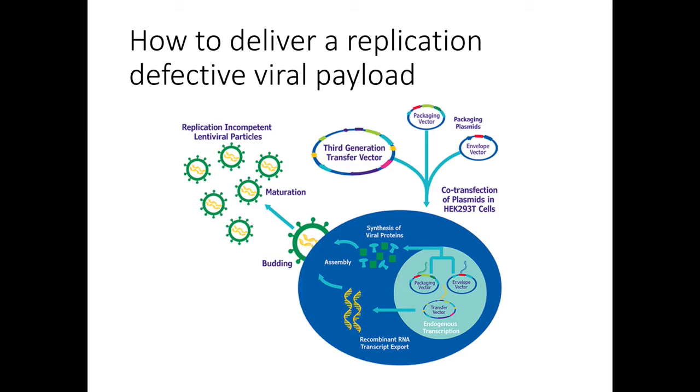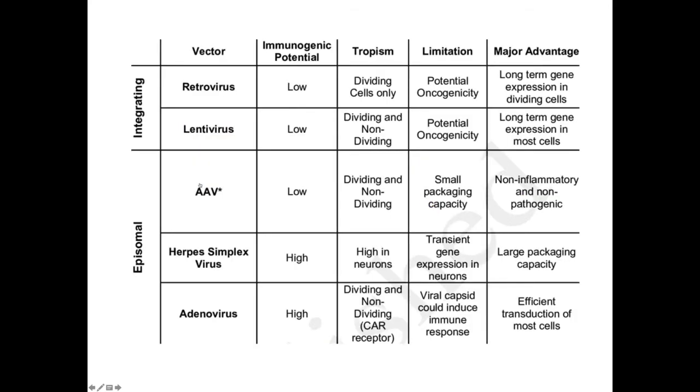These won't have the ability to make more and more copies, and so it delivers a payload in one dose to the cells you're interested in. This is called a replication incompetent lentiviral particle in this particular case, but one can do it in different ways. So these are the things that one might want to consider.